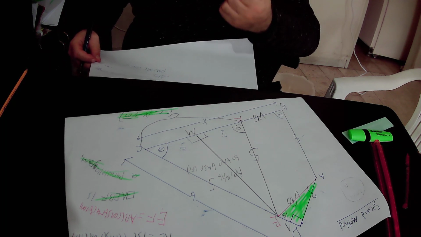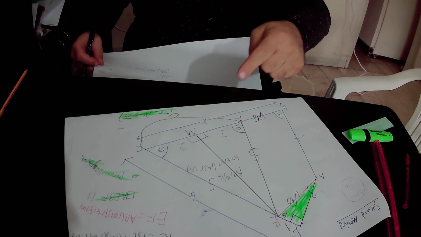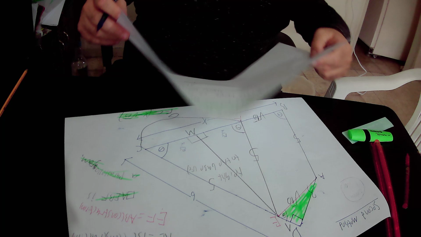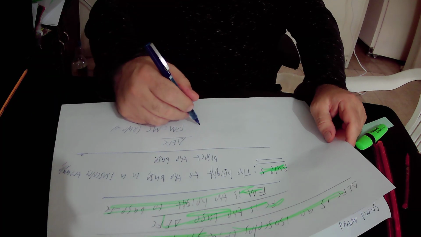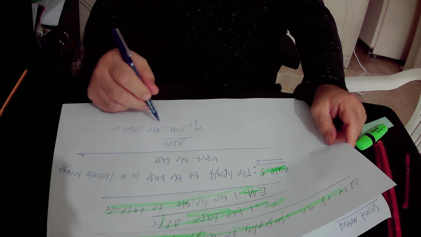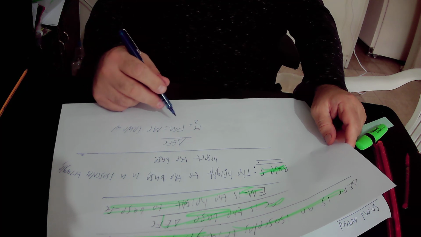And what is the length of each part? The length of each part will be equal to FC over 2. So FM equals FC over 2, and MC will also equal FC over 2.